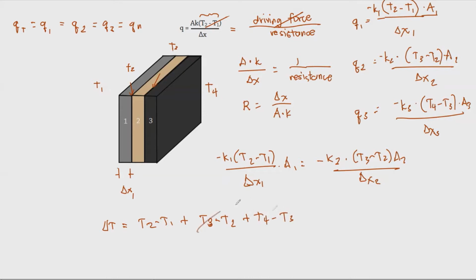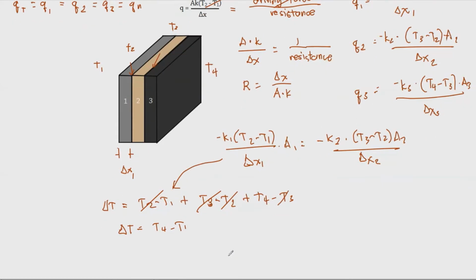With that, we can cancel out all of these, and we're left with our delta T, which is the temperature gradient from the inner to the outer, which is equal to T4 minus T1. And remember, T2 minus T1 can be substituted with each of the equations that are involved in this manner.